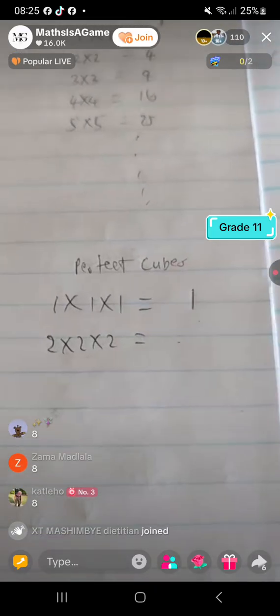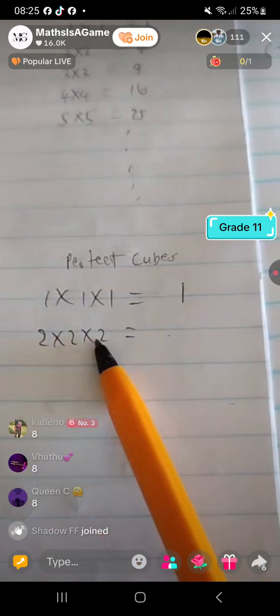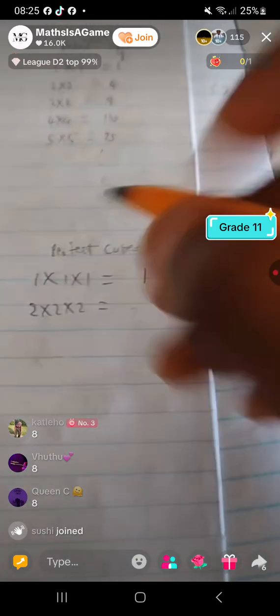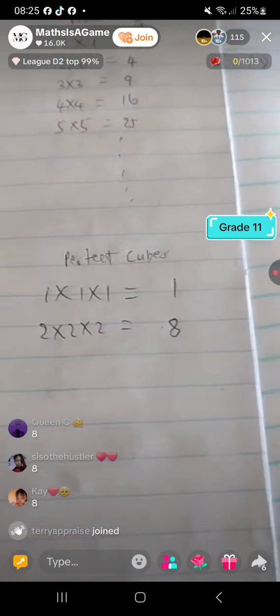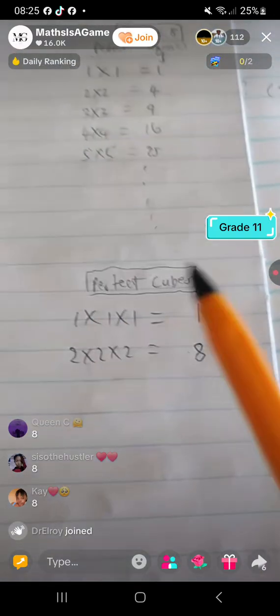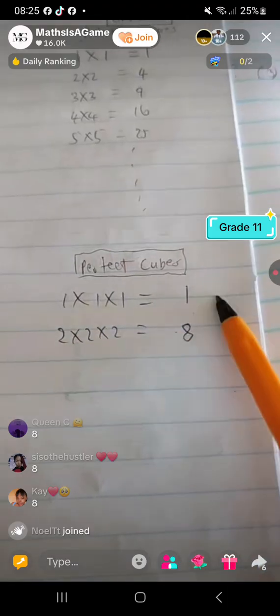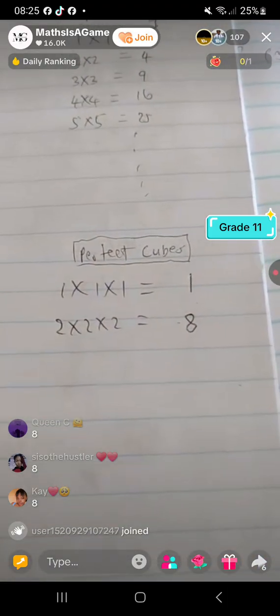I've seen funny things come from when I ask this question, 2 times 2 times 2. In the past, people have said many things. So you get the point. Perfect cubes: if you take a natural number and multiply it by itself this many times, that's what we call a perfect cube.